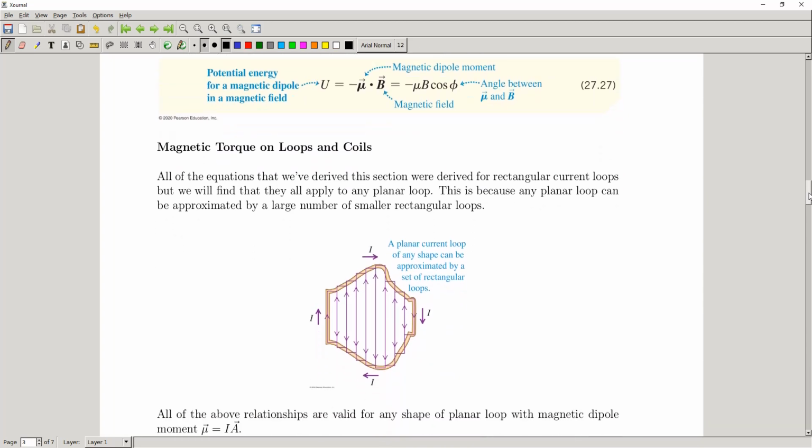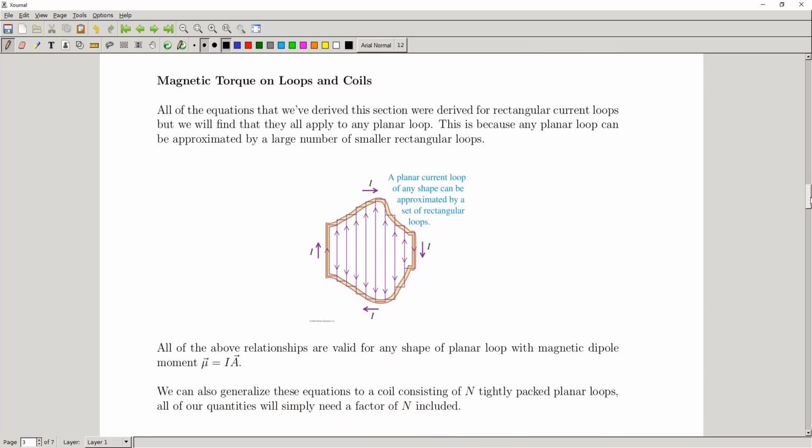Okay, so let's take a look at magnetic torque on loops and coils. We looked at a simple example where we built our loop out of 4 straight segments of wire, but these equations that we originally built for these rectangular shapes are actually going to apply to any planar loop.